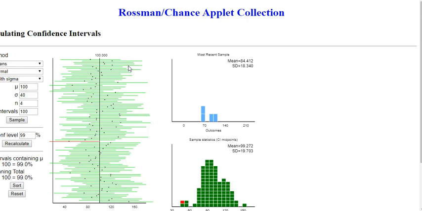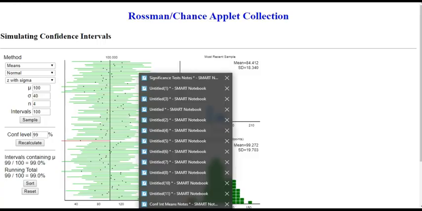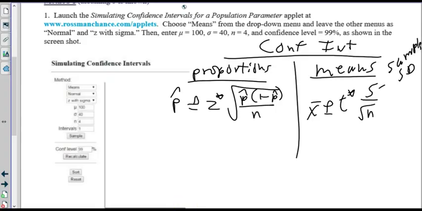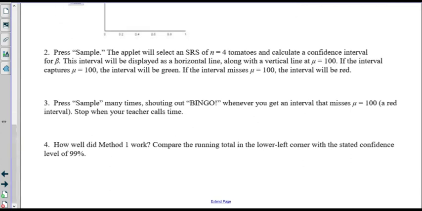If you look at the running total down here, it says 99 out of 100. So 99 times out of 100, it did include our mean. That's a pretty good amount. Okay, so we did all that. How well did method 1 work? Compare the running total in the lower left corner with the confidence level of 99%. Well, we actually got 99%.